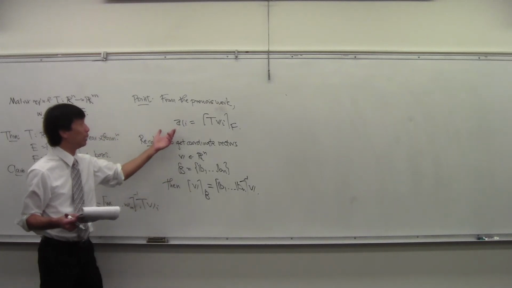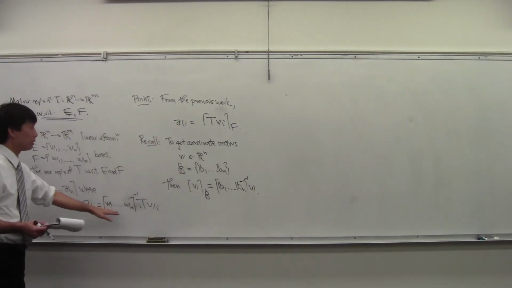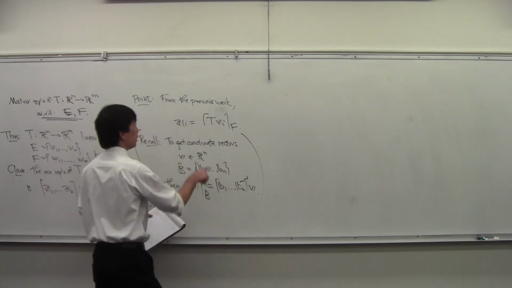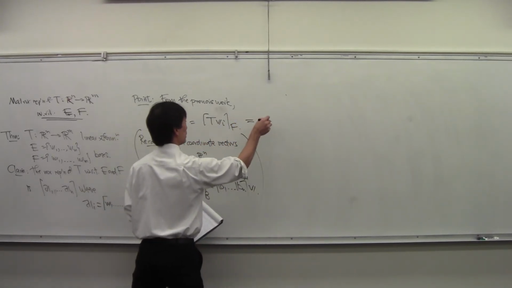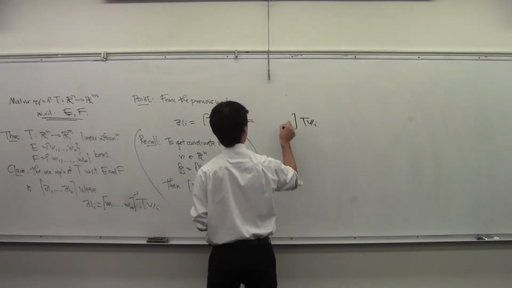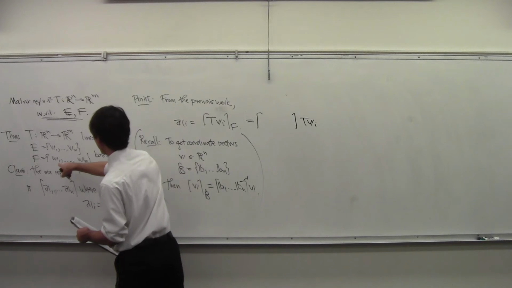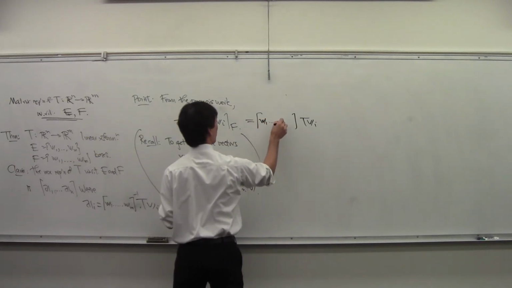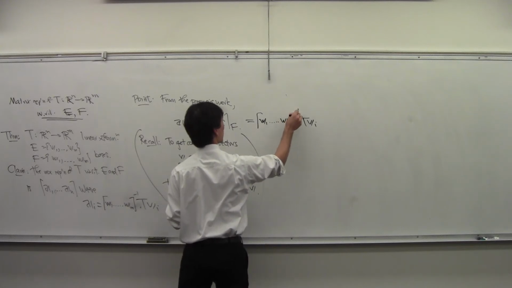So this thing right here is just going to be: you take T(v_i), and then hit it on the left with the inverse of your matrix consisting of the F basis elements.